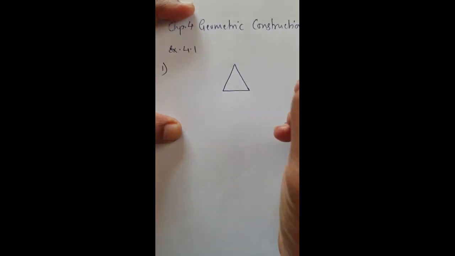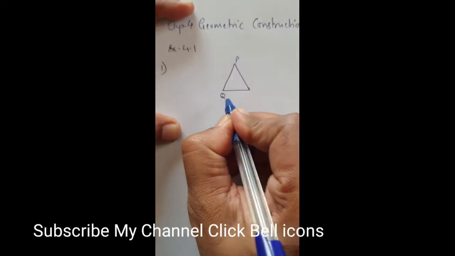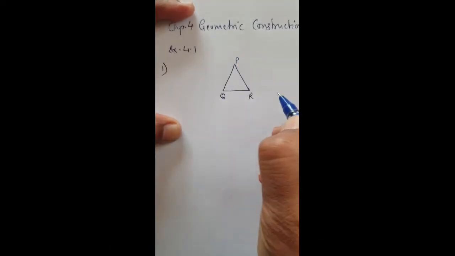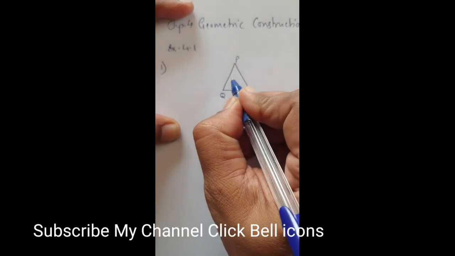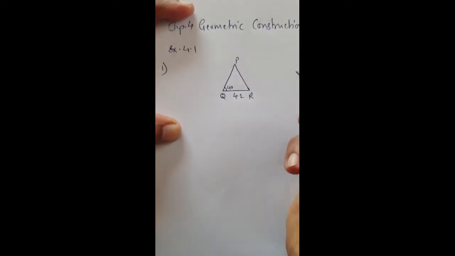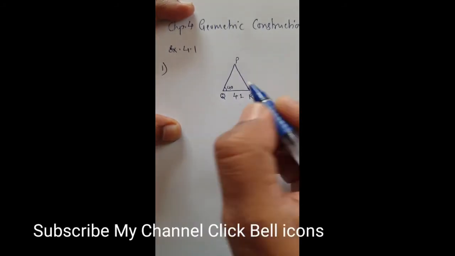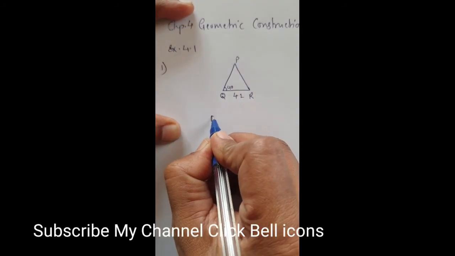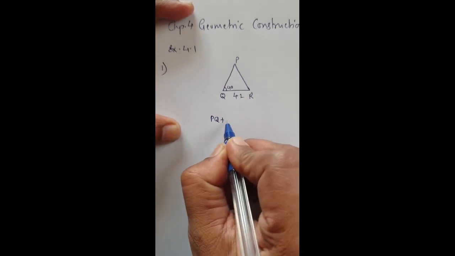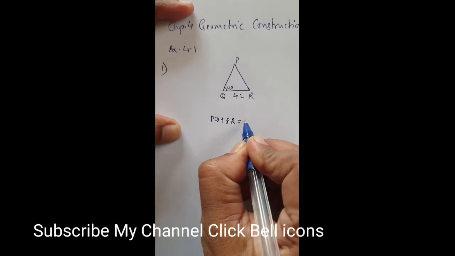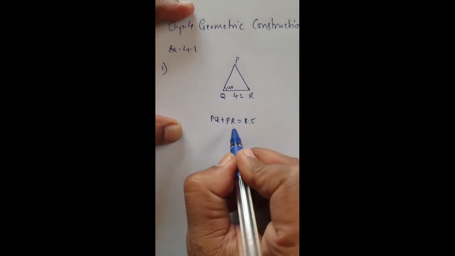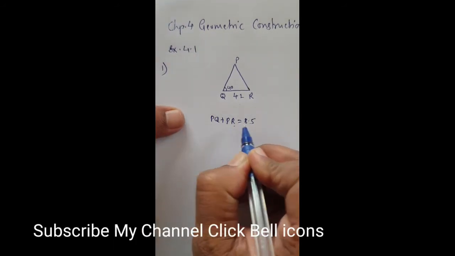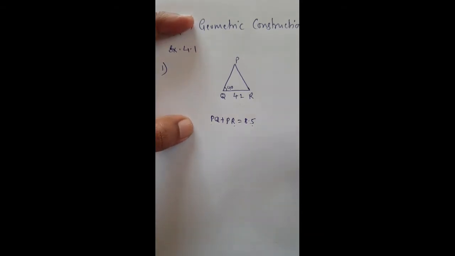we'll draw a rough figure first, P, Q, R, where PQ is 4.2, then angle PQR is 40 degrees, and you are given that PQ plus PR is equal to 8.5. So you are given the sum of two sides of a triangle is equal to 8.5.